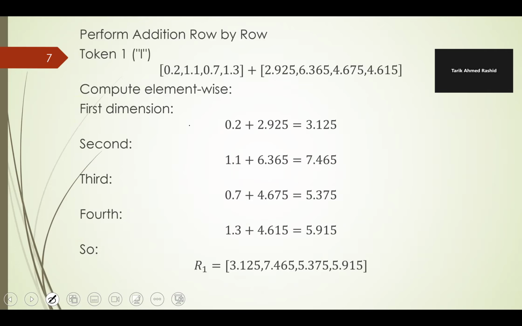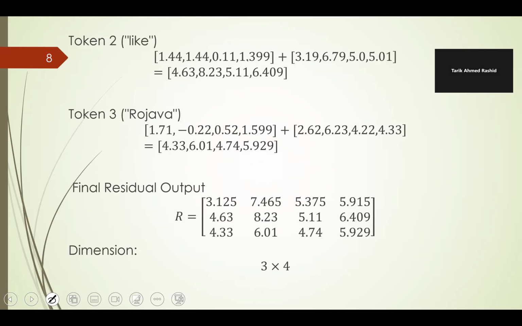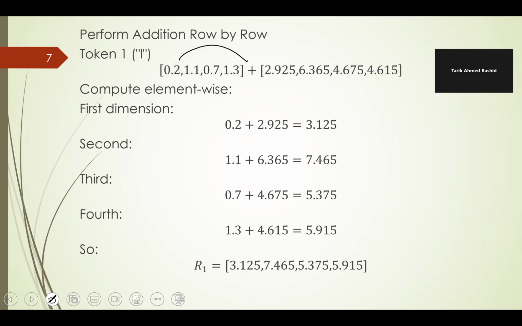So we add each element to the other. For I, we do Z plus multi-head: this one with this, 1.1 with this, 0.7 with this, and 1.3 with this.